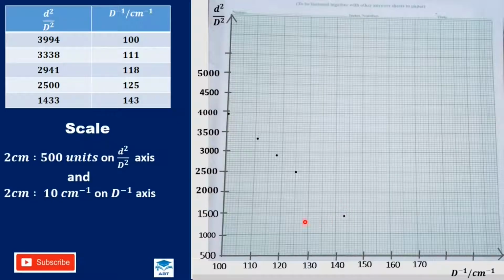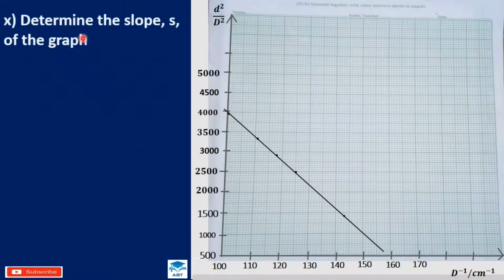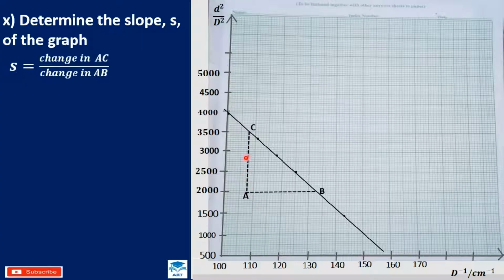We then draw the line of best fit. Determine the slope, S, of the graph. Let's draw these vertical and horizontal lines, and label them A, B, and C. The slope, S, is equal to change in AC over change in AB.